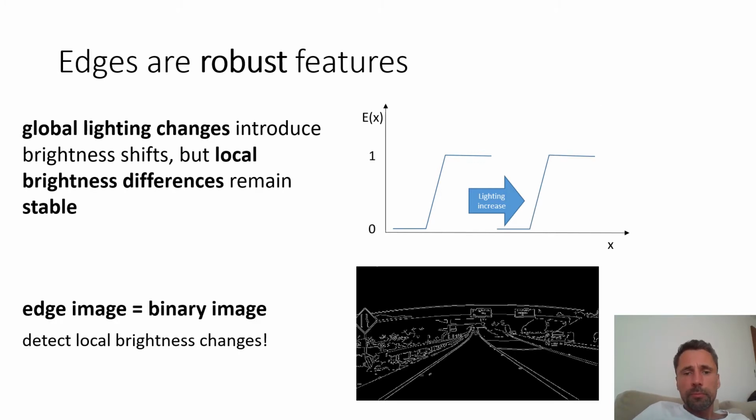And so what an edge image is now: we look for these structures and then binarize them.